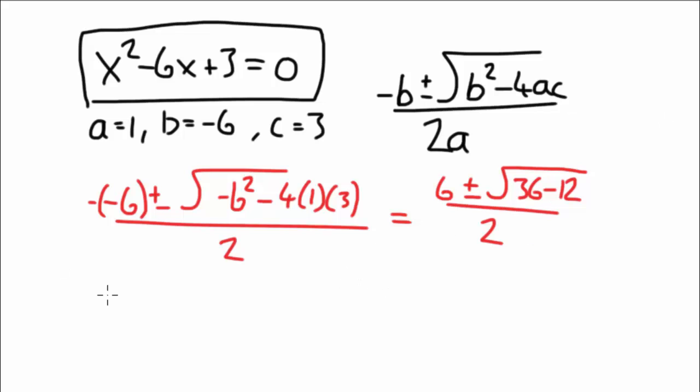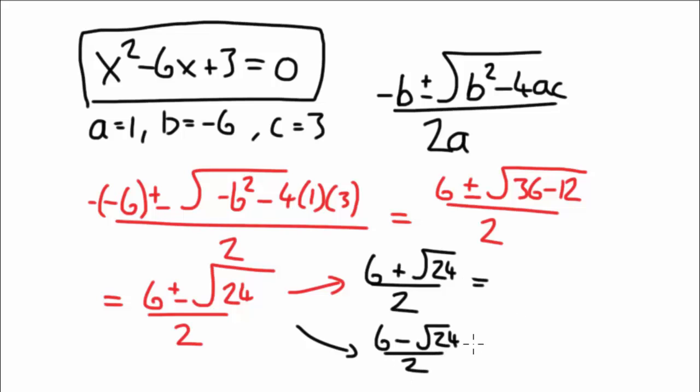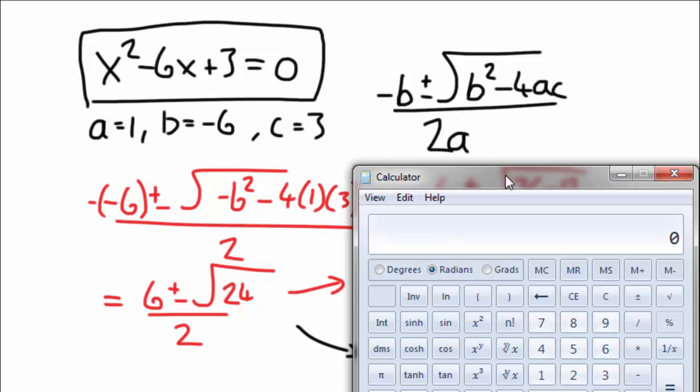So you've got 6 plus or minus the square root of 24, over 2. So we can say one root is going to be 6 plus the square root of 24, divide that by 2, and the next one is going to be 6 minus the square root of 24, divide that by 2, and you just put these in the calculator.